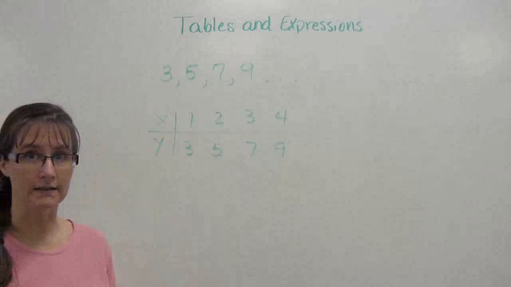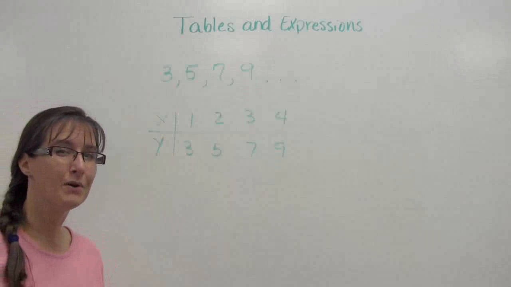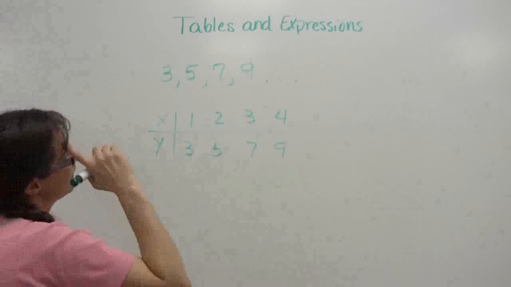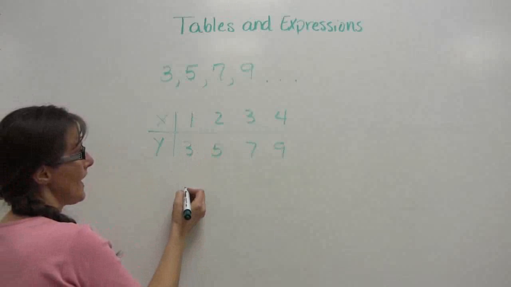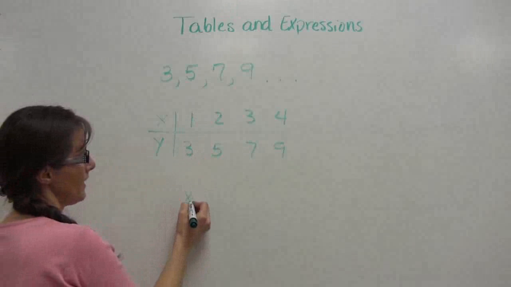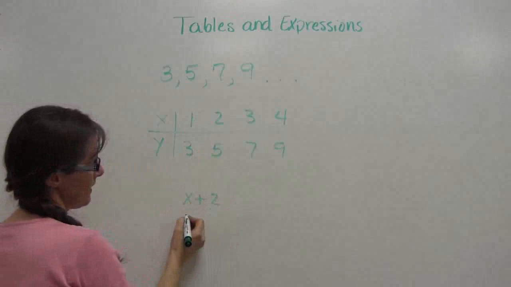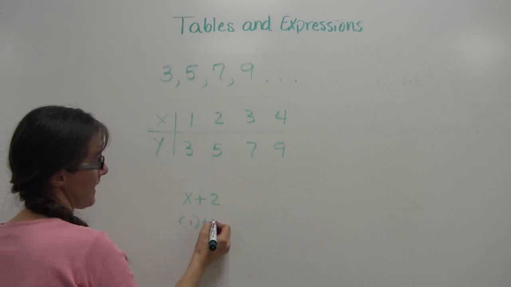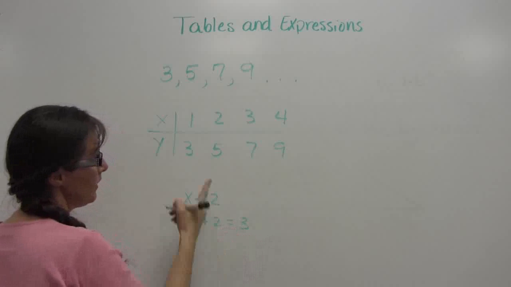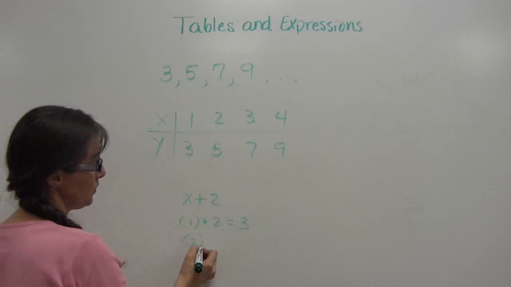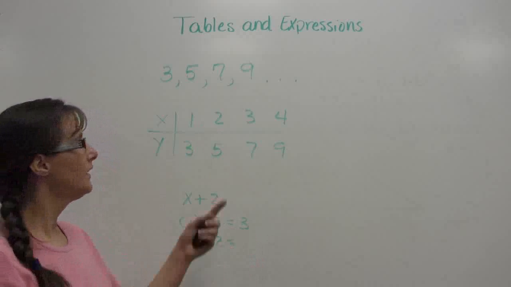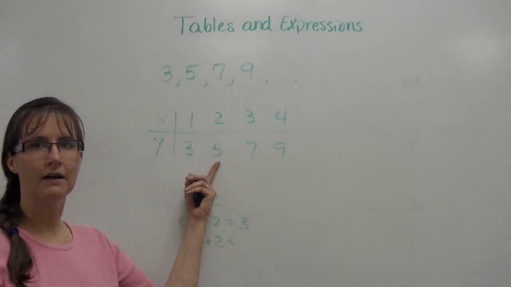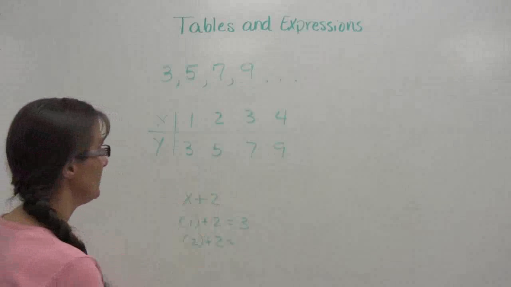Well, the number's increasing, so I'm going to multiply or add, sorry. My first instinct is to add 2. So X plus 2. That means when I put in a 1 and I add 2, I get a 3. Well, what happens when I put in a 2 and I add 2? I'm going to get 4, but they're saying that I need a 5. So that doesn't quite work.